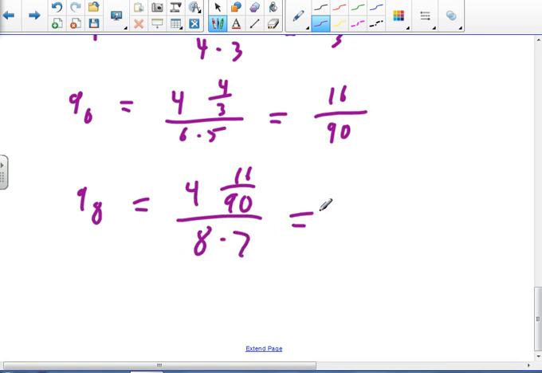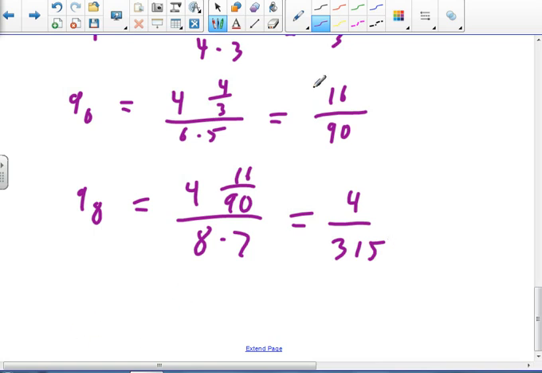Time to get out your calculator. 4 times 16 divided by 90 divided by 8 divided by 7. Change to a fraction. So that's going to be 4 over 315.